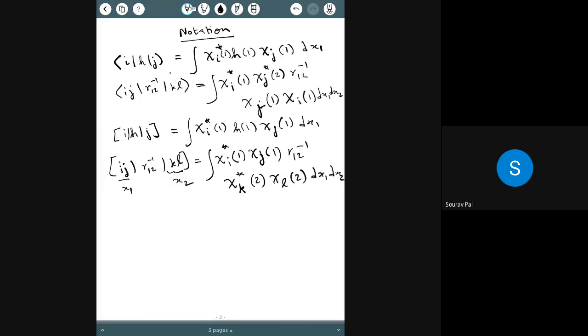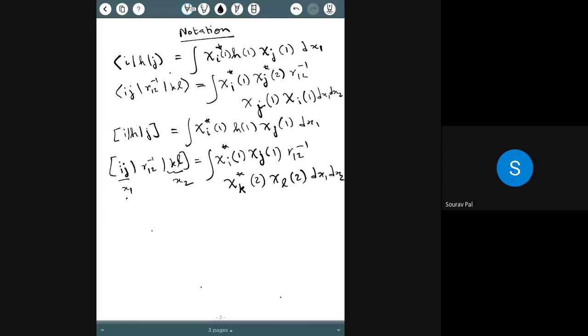So remember the difference. When you have the chemist notation, the first part belongs to electron 1, and the first index in the first part is starred, and the first index in the second part is also starred. So you have I star and K star. So these are two alternative definitions, and you have to become comfortable with which integrals are equal.